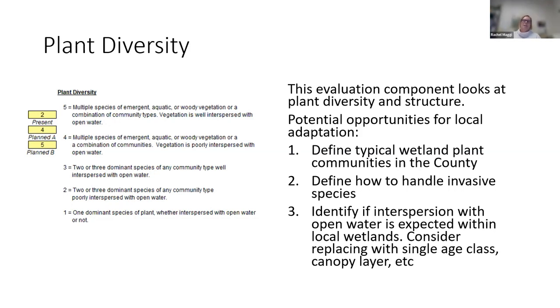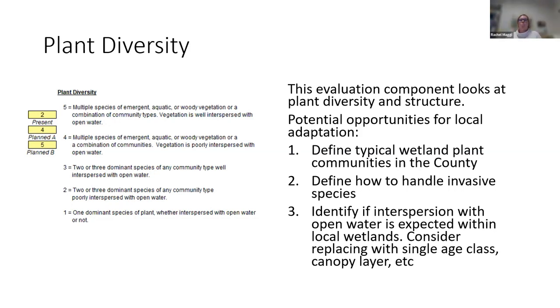And then also identifying this term interspersion. Think about, is open water interspersion really a critical part of the wetland system that you're evaluating? I mean, within a forested wetland environment here in Western Washington, we do have certain types of forested wetlands, like, for example, Sitka spruce, lowland bottom wetlands in the lower Columbia and out on the Washington coast that do have periods of seasonal ponding between the hummocks where the conifers are.